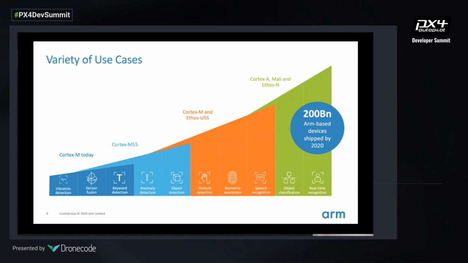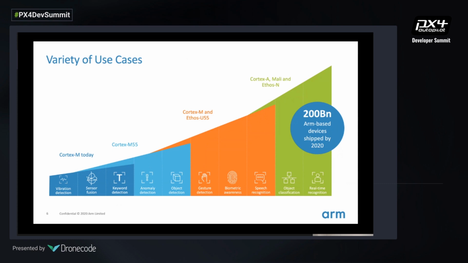Cortex-A's are the more Linux-enabled ARM devices. Those are able to do a lot of machine learning. For example, Raspberry Pis are able to do computer vision type applications and run very efficiently. But then if we move down the left of this table, we can see there are a lot of use cases that could be effectively run on Cortex-M or microcontrollers.